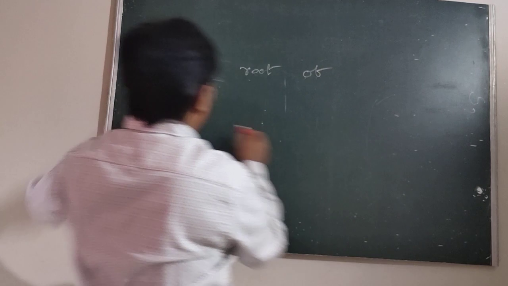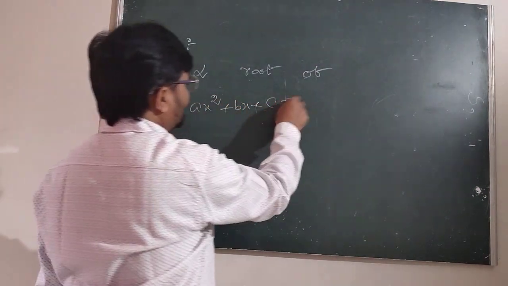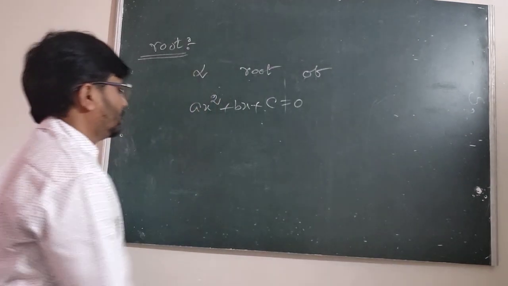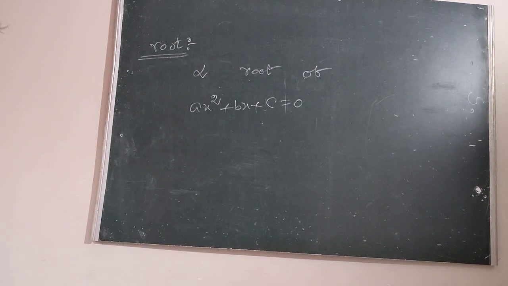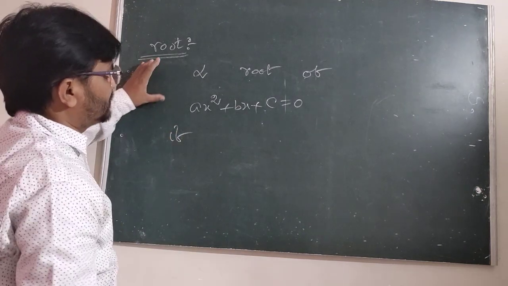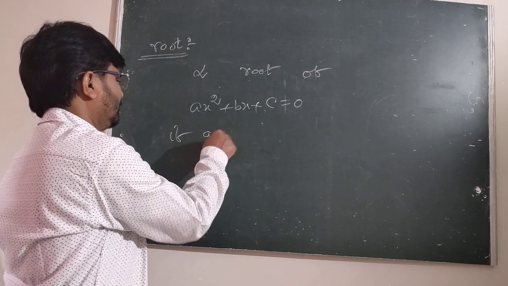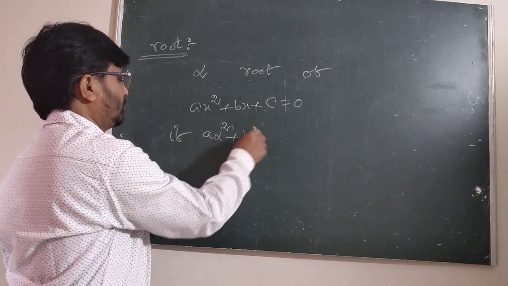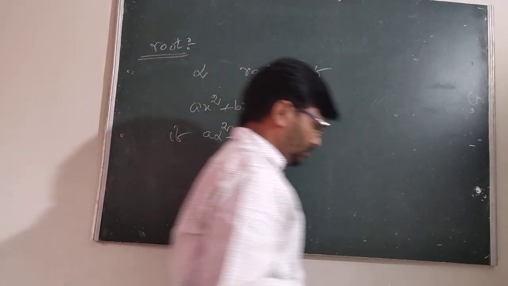Alpha is said to be a root of ax square plus bx plus c equal to 0 if a alpha square plus b alpha plus c equal to 0.